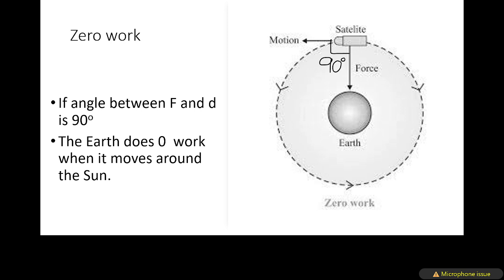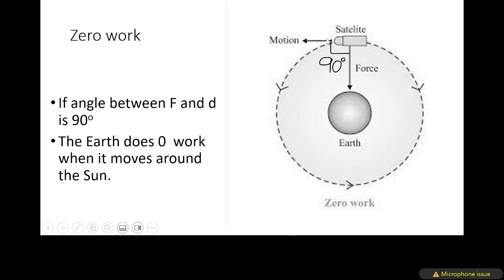This is also possible. Here is the example. A satellite moves around the earth, and the moon also moves around the earth. The earth moves around the sun. In these kinds of motions, you see the direction of the force is along this line, but the direction of the motion is this.